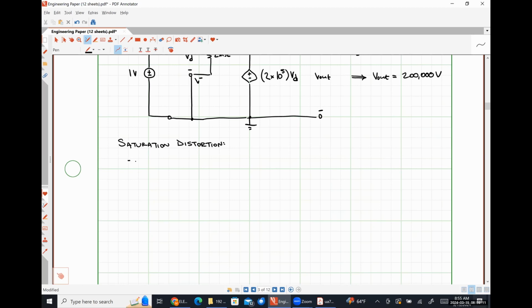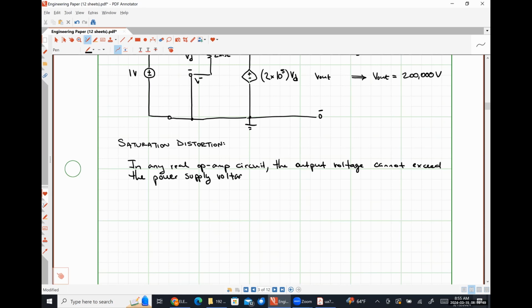So in any real op amp circuit, the output voltage cannot exceed the power supply voltages.